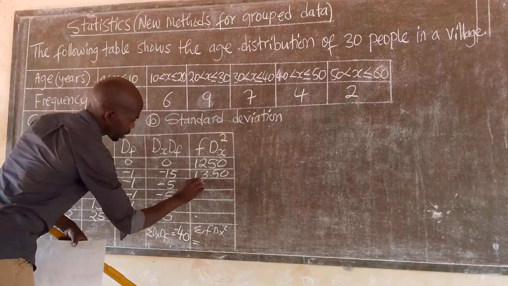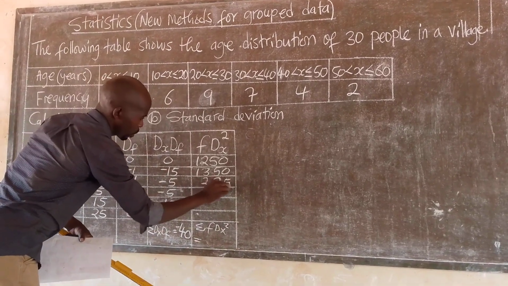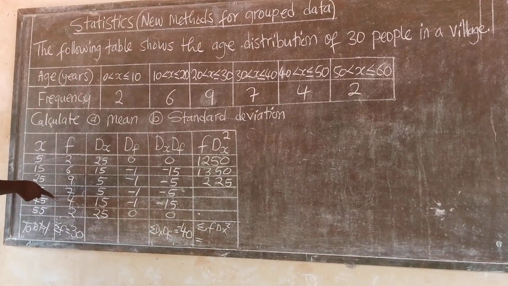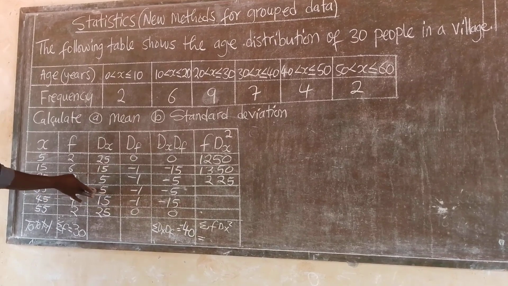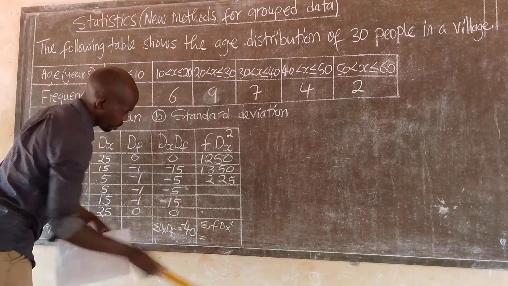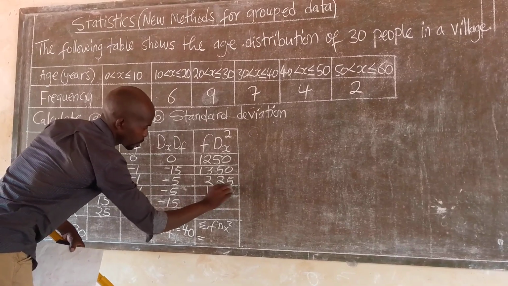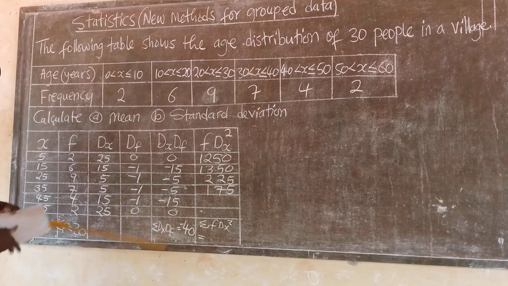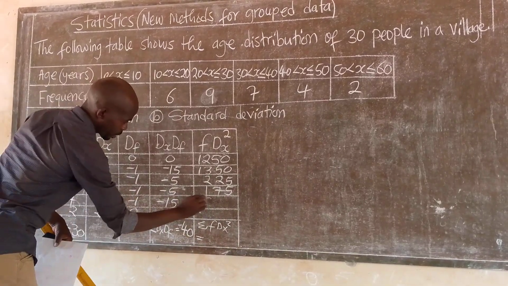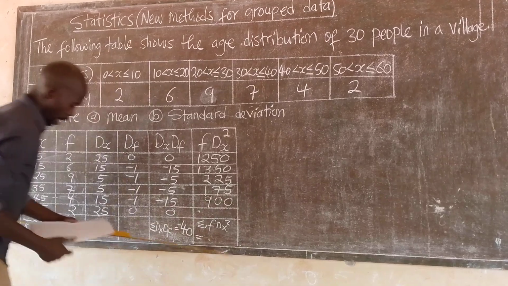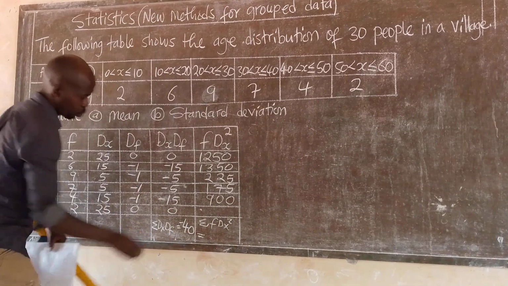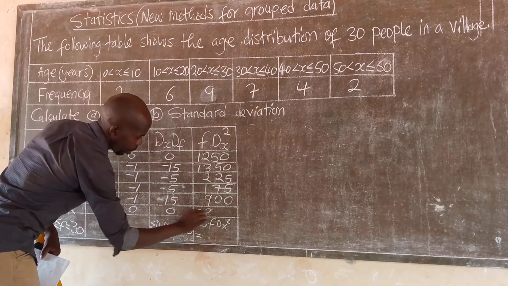That gives us 225. And the next one is 7 times 5 squared. That gives us 175. The next one is 4 times 15 squared. That gives us 900. And finally, we are multiplying 2 times 25 squared. That gives us 450.